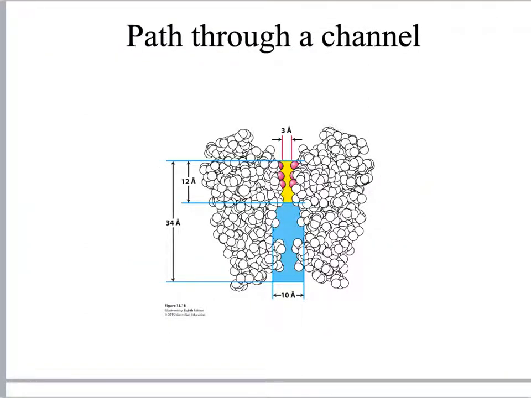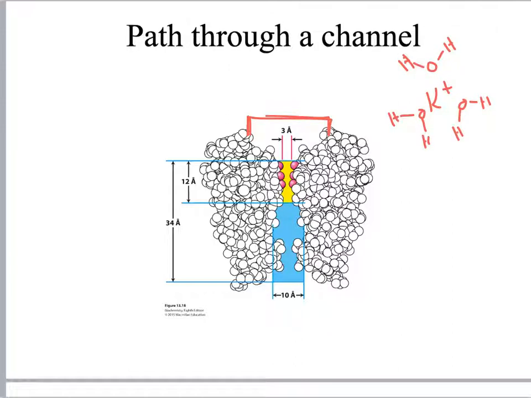So here is another view of our potassium channel. Now, what happens is we have this opening, which is pretty large at the top. So the ions, remember that ions in general, if we're looking at a potassium ion, they are not just free ions floating around in your bodies. Remember that we're mostly water, and ions will tend to be solvated.